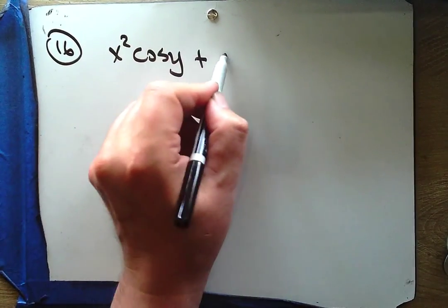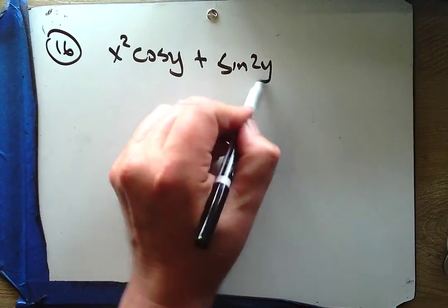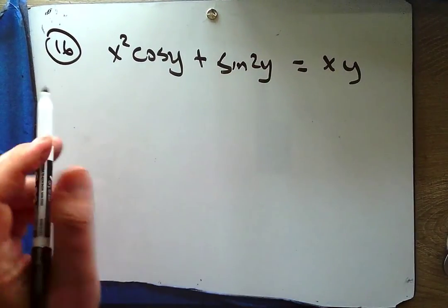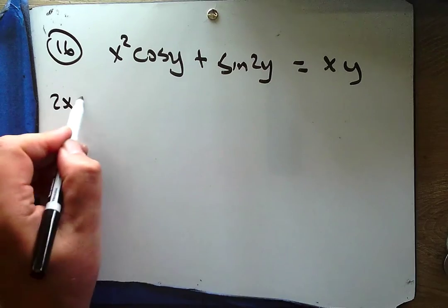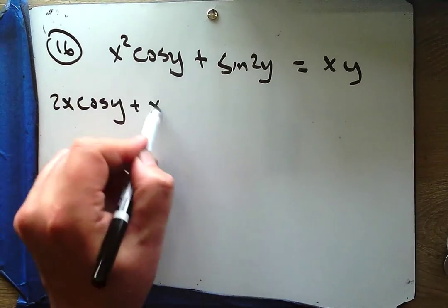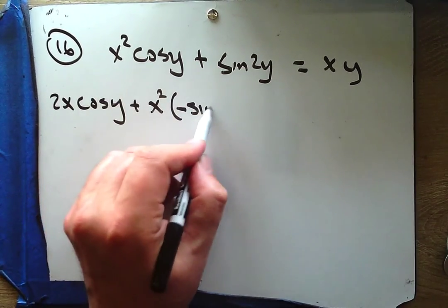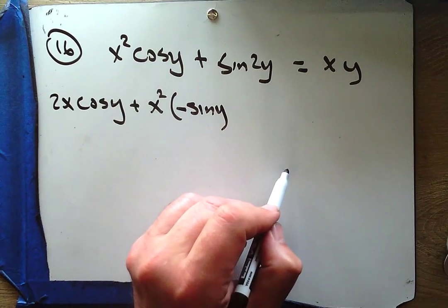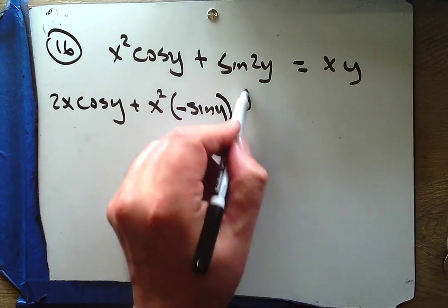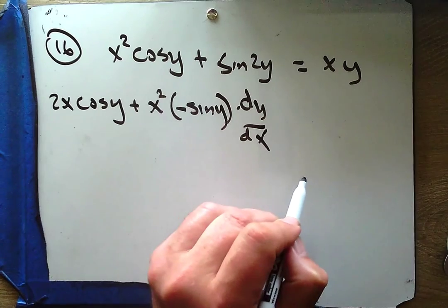We've got x squared cosine y plus sine 2y equals xy. So I'm going to have 2x cosine y plus x squared times negative sine y times dy/dx.